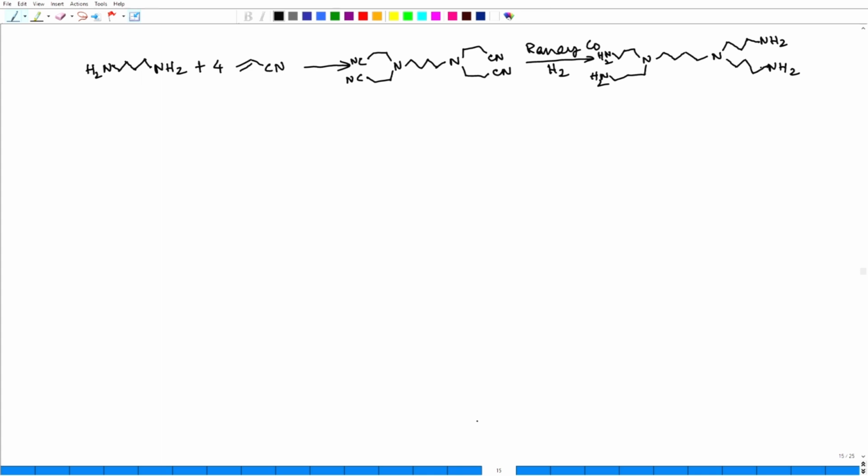Okay. So, like that it keeps on going. So, we keep on going with this reaction, what we are going to get at the end, that is what I am trying to write. I will not be able to write all of it, but at least I will try. 1, 2, 3, 4.